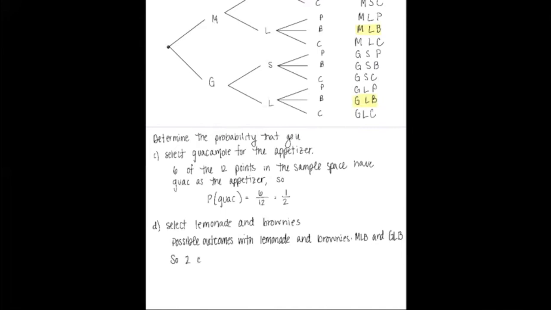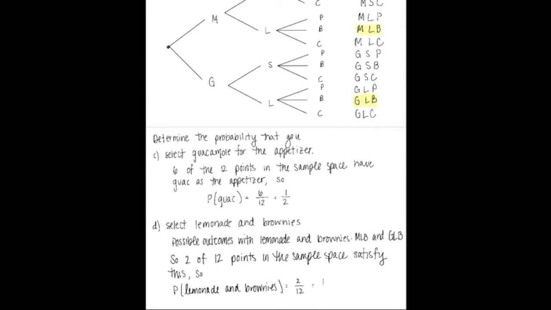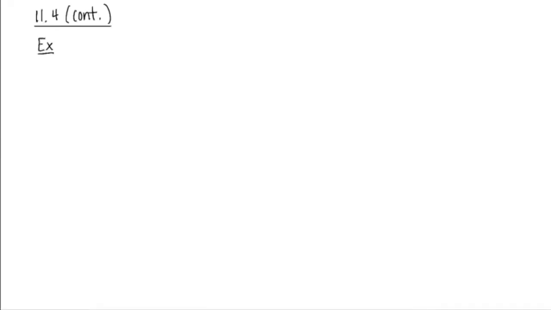Perfect. So 2 of 12 points in the sample space satisfy this. So the probability of selecting lemonade and brownies is 2 out of 12 or 1 out of 6.